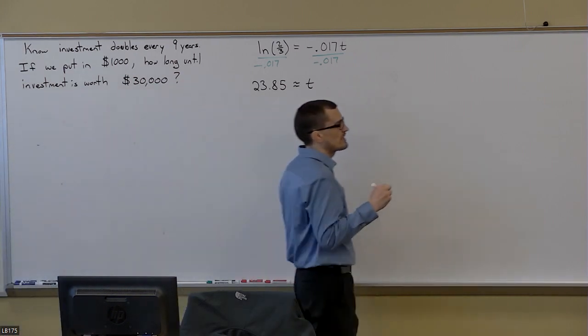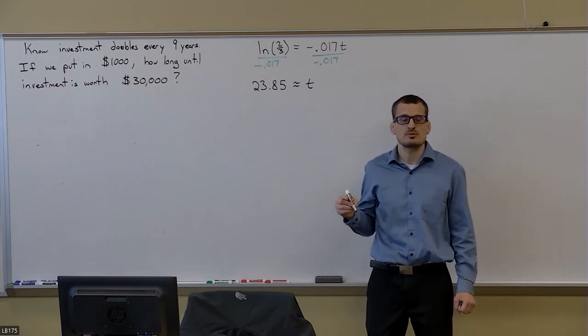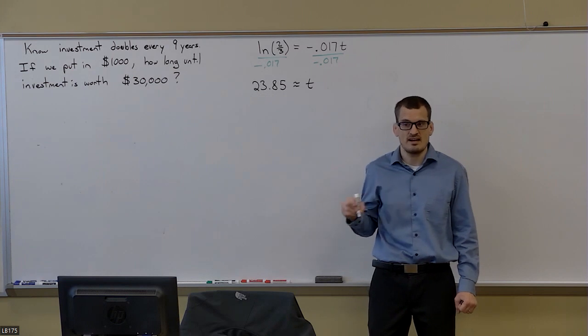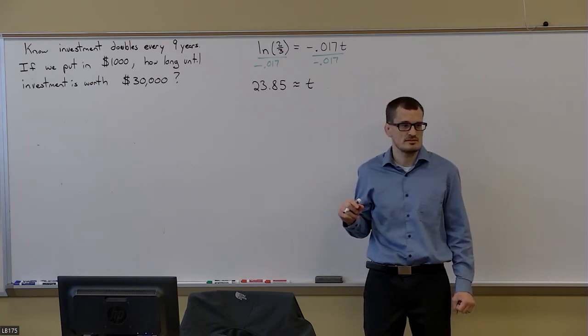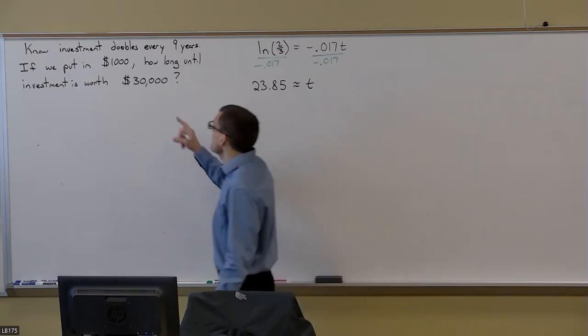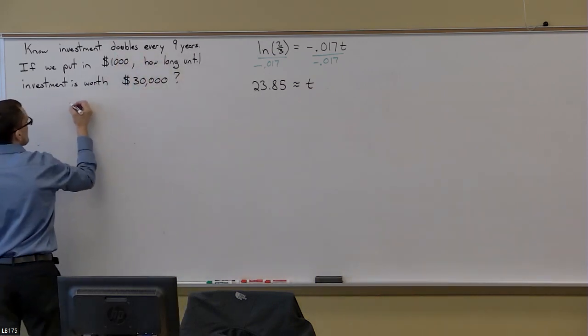So if you're given the doubling time, by the way, this would work also if you're given the time it takes to be cut in half, like a half-life. So half-life of nuclear material, they often talk about things like that. Well, doubling every 9 years.